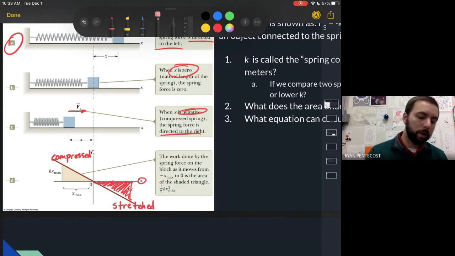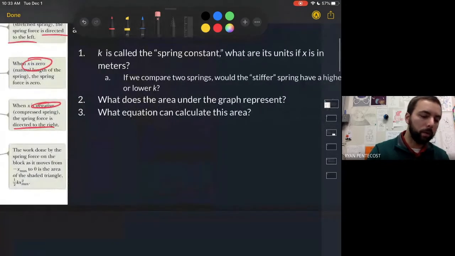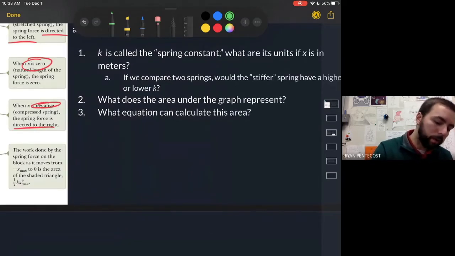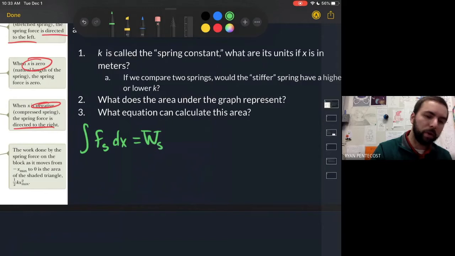Now, what equation can we use to calculate this work? Well, what we can do is show the integral, right? If we're doing the area under a graph, we're going to do the integral. So the integral of F dx is the work done by a spring.